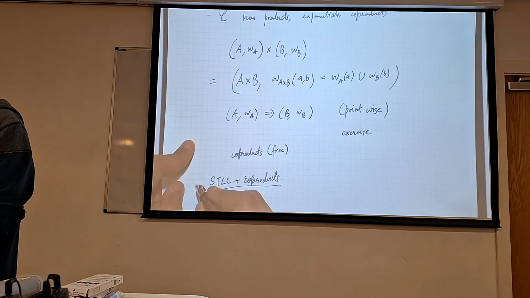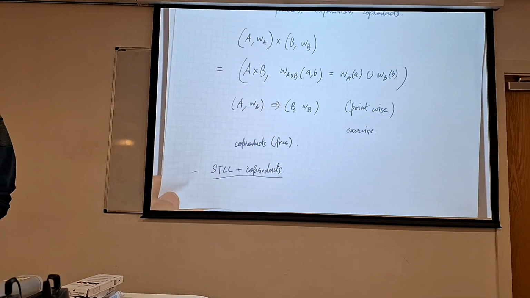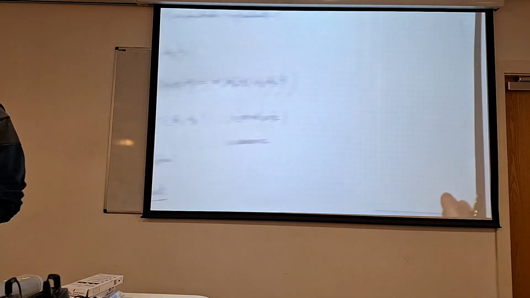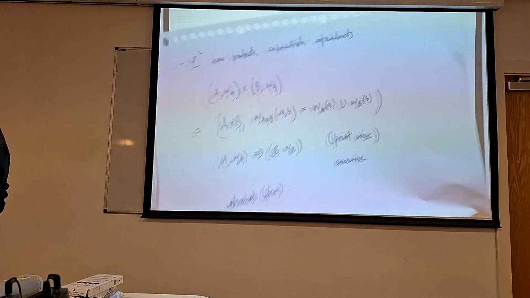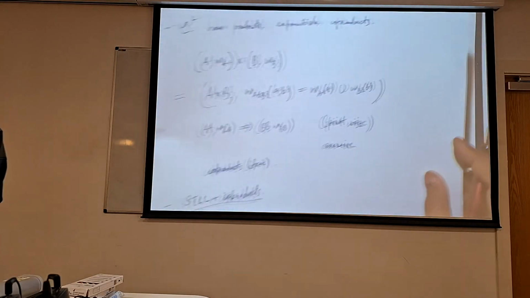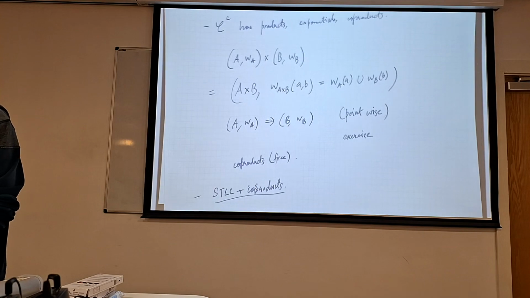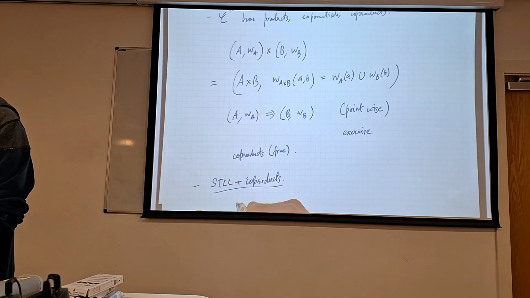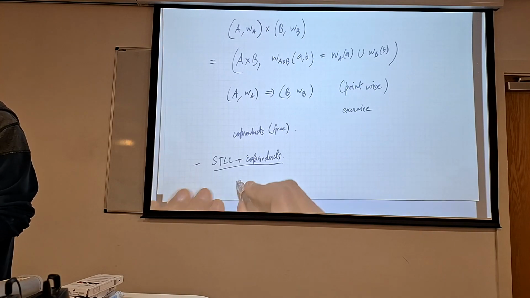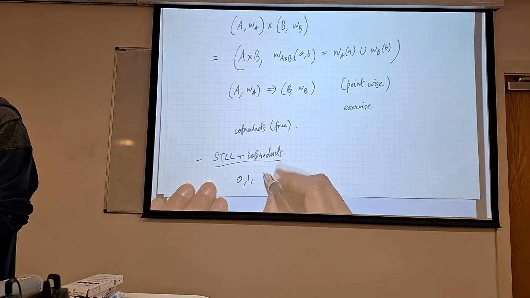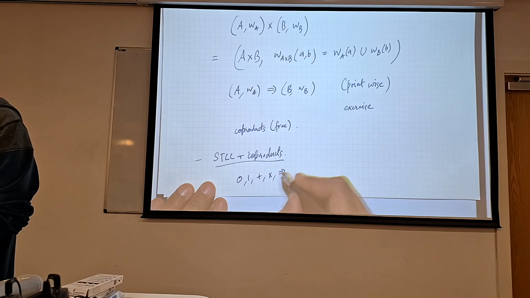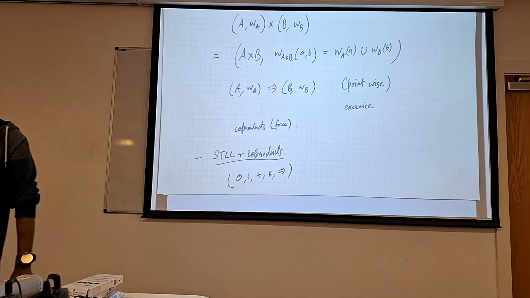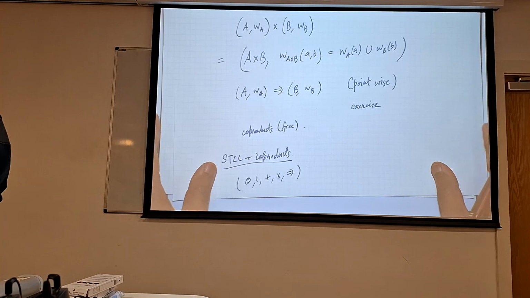So it's a model of STLC plus coproducts, but now I can build some fancy monads and comonads on it. Yes, 0, 1, plus, times, exponentials, all of these have it.